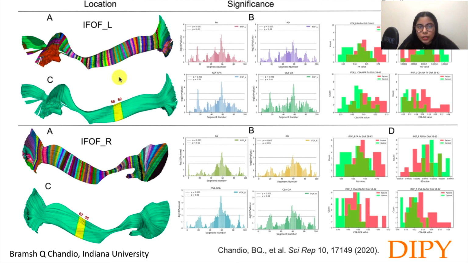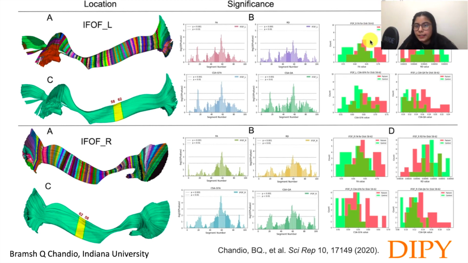So this is for the 58 to 62 region. We show what the mean FA values per subject are. So here again, the same convention where red is for patient and green is for control.